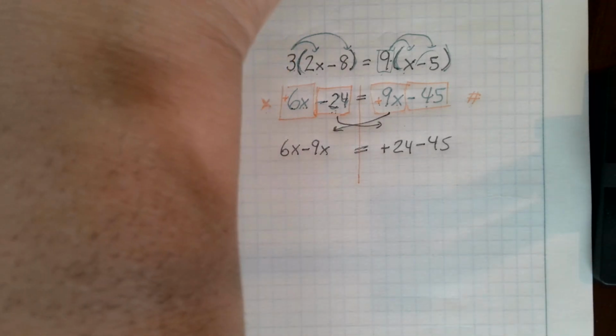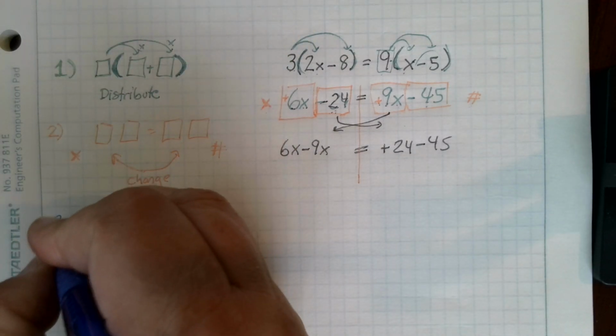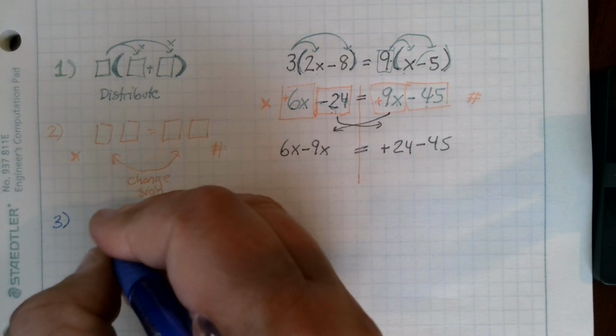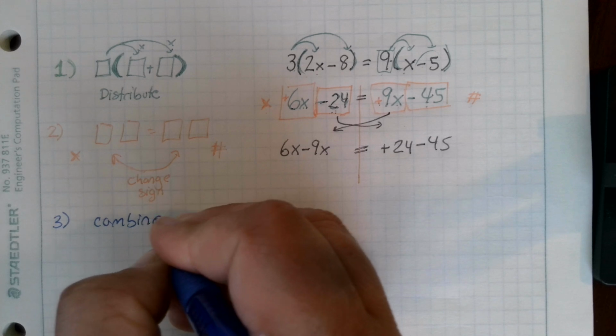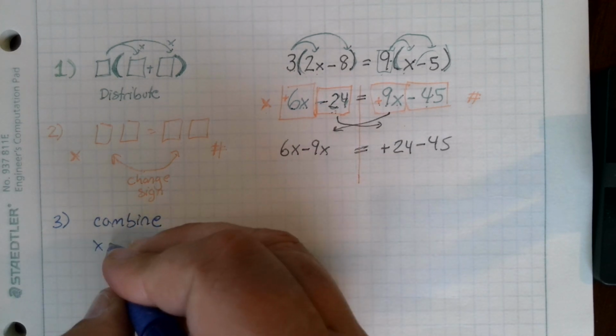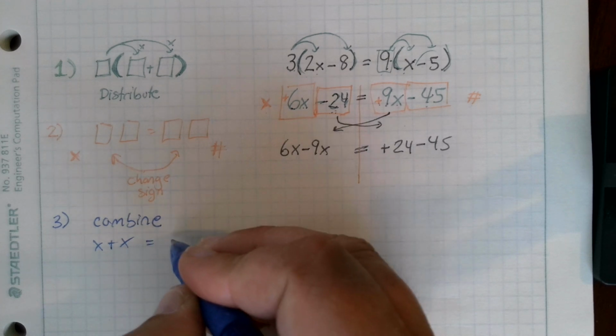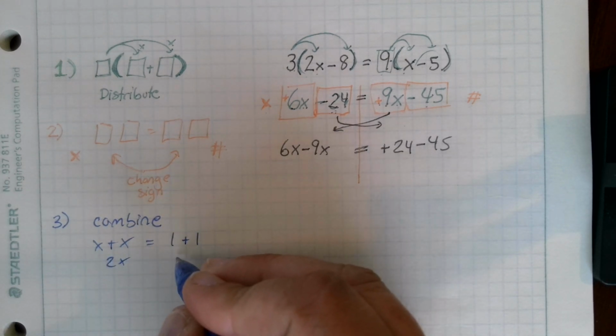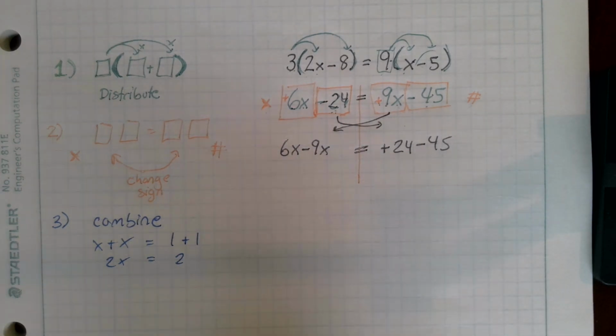All right, our next step is to simplify, or to combine, right? Our x's combine, and our numbers combine. So that's what we'll do here.